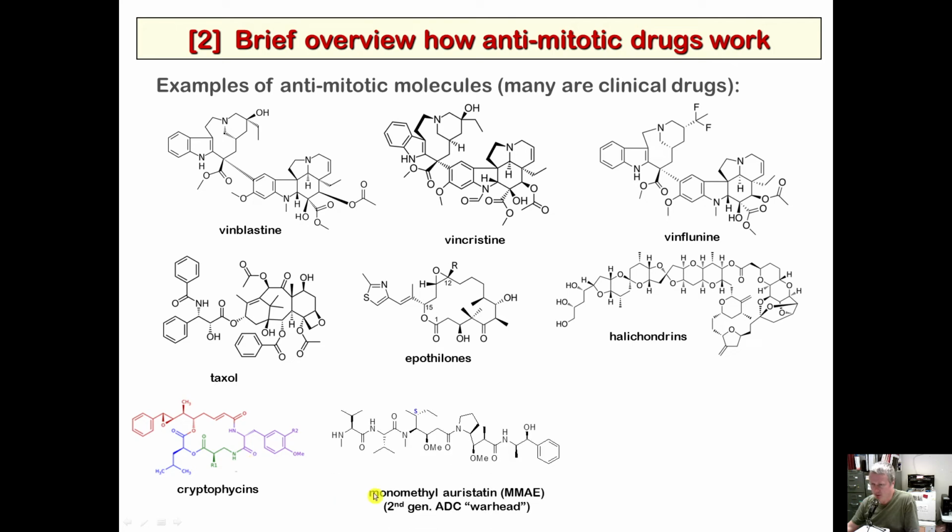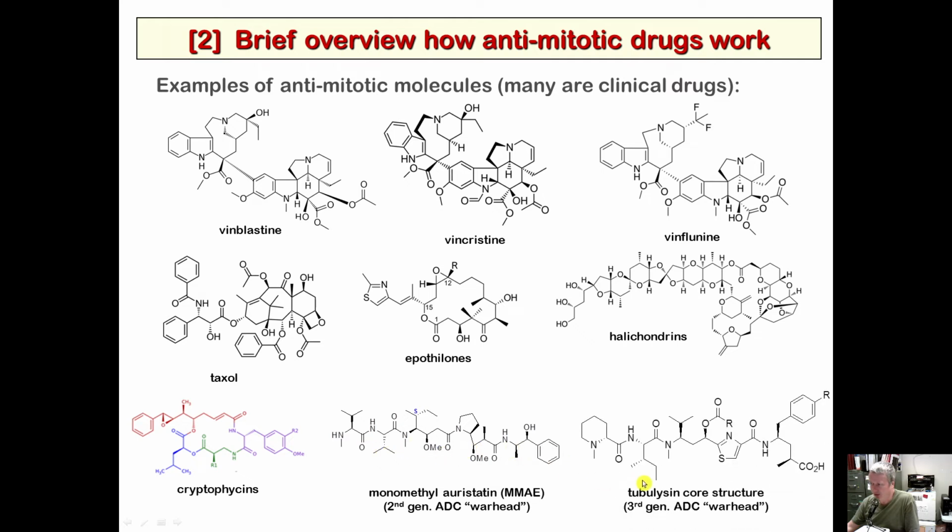So this is the one, monomethyl auristatin, MMAE, that we were talking about. This will be one of the ones we talk about in our two papers that we're getting into. And the slightly better one is tubulysin, core structure. This is a third generation antibody drug conjugate warhead. So this is probably one of the best ones currently used.